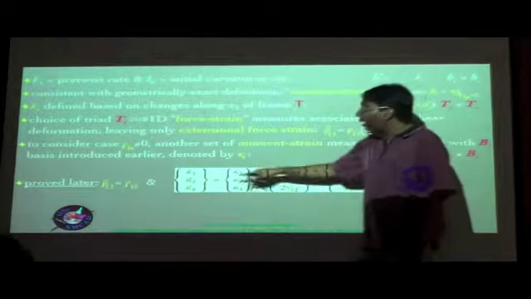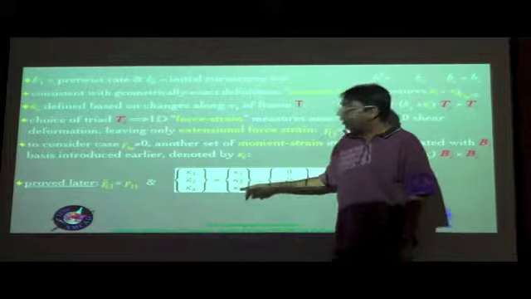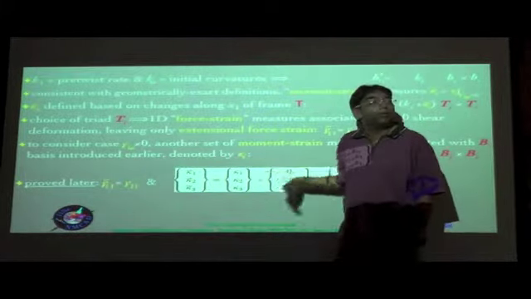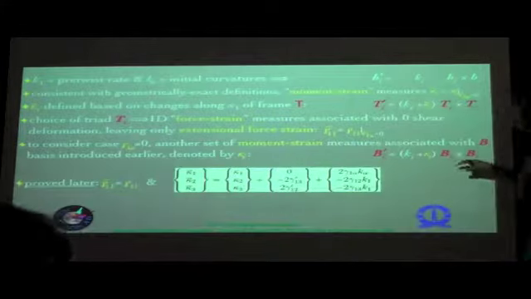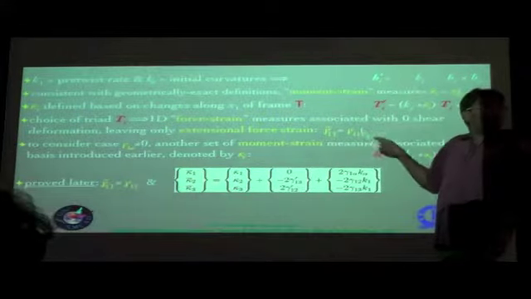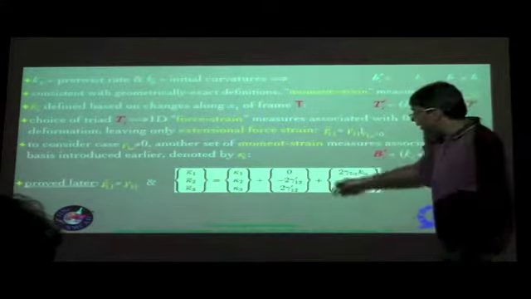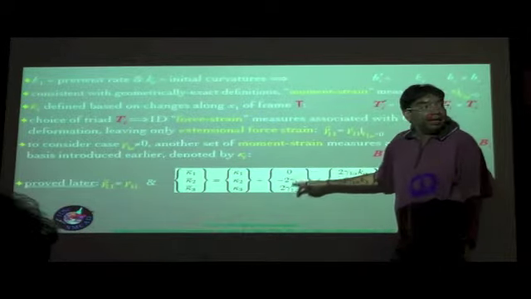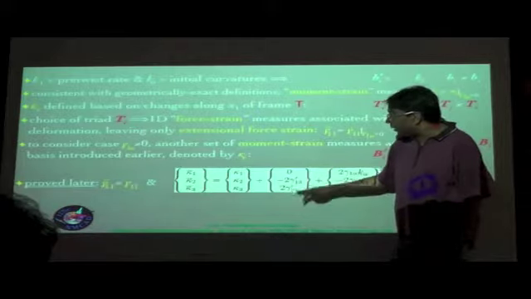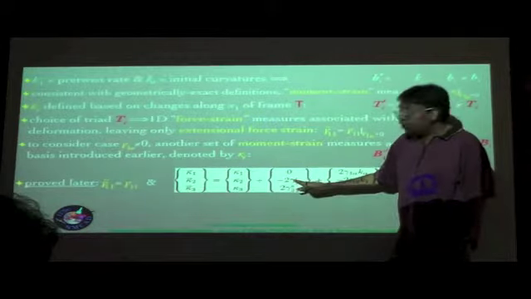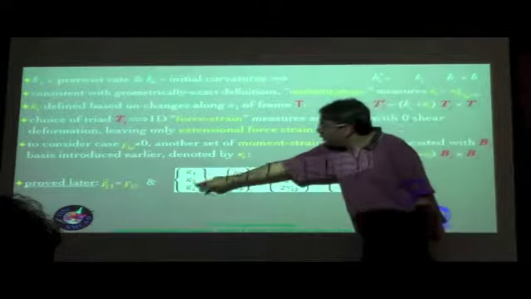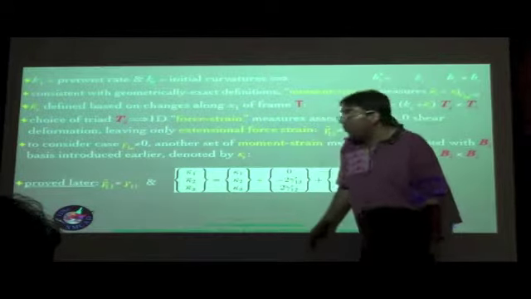On the other hand, the kappa bars are in general different from the kappas, and what they differ by is of course dictated by the non-zero values of your gamma 1 alpha, and that basically means the change in gamma 1 alpha with respect to x1. So it's gamma 13 prime and gamma 12 prime, which lead to the change to the kappas in determining the kappa bars.